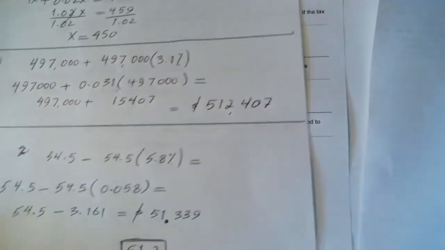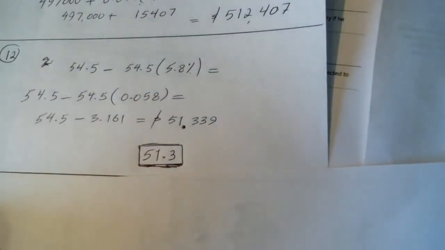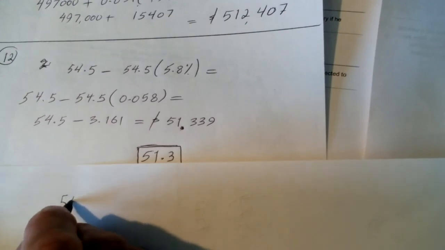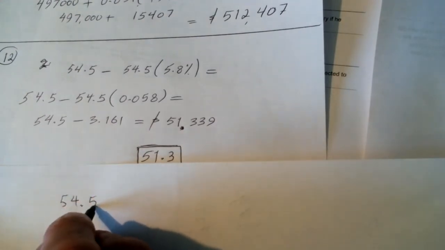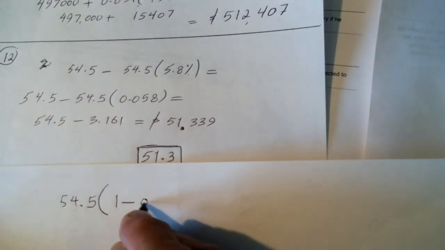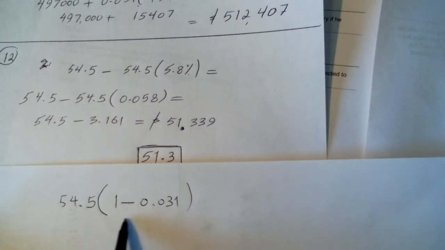Or what you could do, because it's a reduction, you take 54.5 and multiply that by 1 minus the percent instead of positive, because it's a reduction, right?